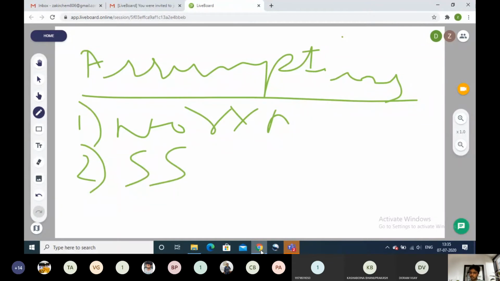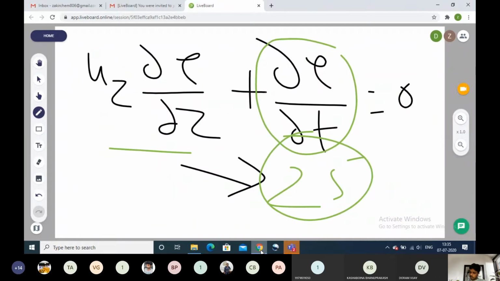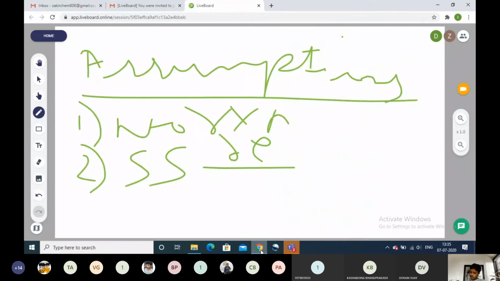So when the process is at steady state, what does it mean? Any variable is independent of time. The only time dependent variable in our equation is the term dou rho by dou t, so we can write dou rho by dou t is equal to 0.